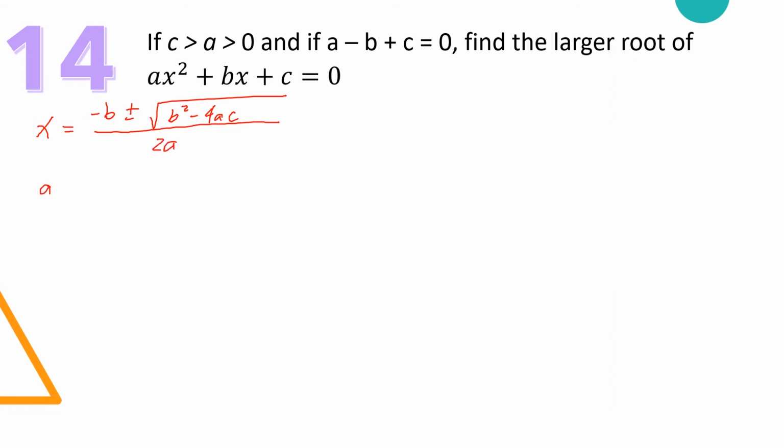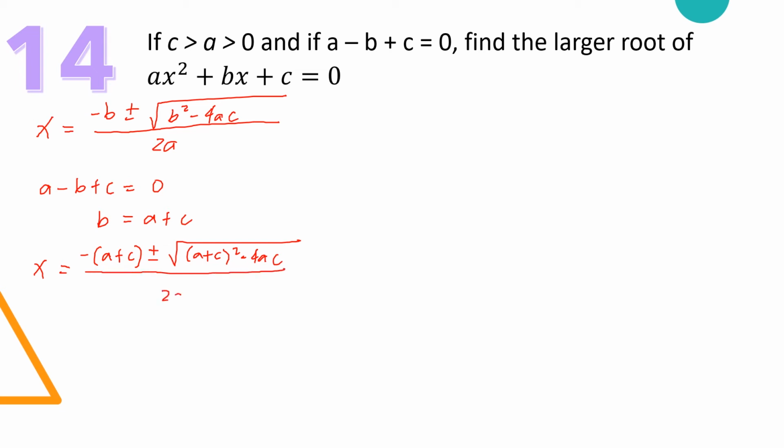Also, from a minus b plus c equals 0, we can get b is equal to a plus c. Then substituting a plus c equals b in the quadratic formula, we have x is equal to negative of a plus c plus minus the square root of a plus c squared minus 4ac all over 2a.